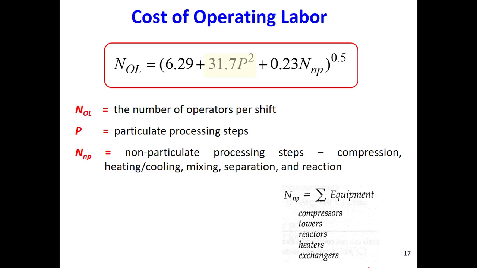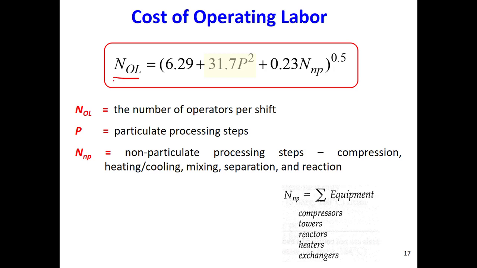We need to know the number of operators that we need in the factory. This is the first thing that we need to find out: how many operating laborers we need. There is usually an equation that we will use to find the number of operating labor.